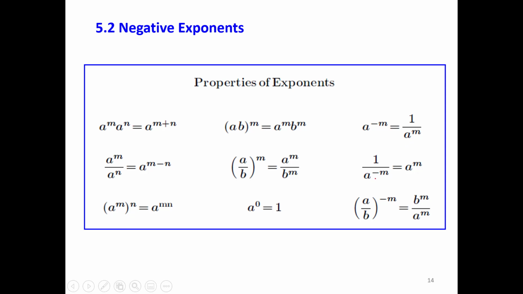If we have a negative power on the bottom, to get a positive exponent, just move to the top. If we have a fraction to a negative power, we can flip the fraction and change the power. This is what we can do.